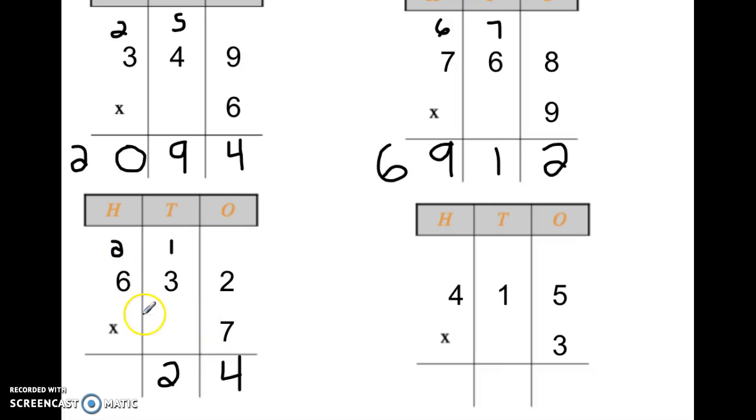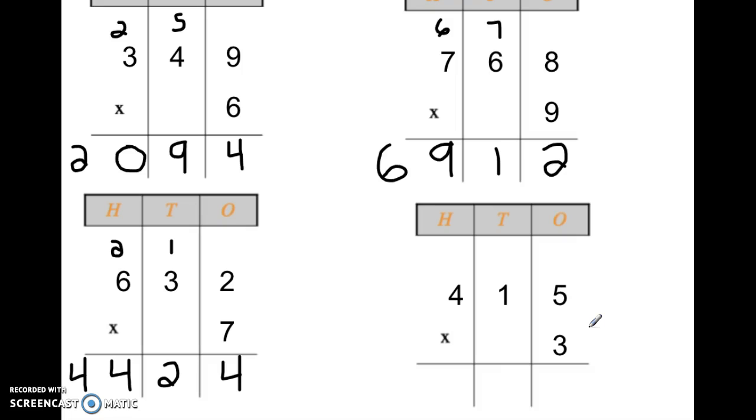All right, 6 times 7 would give us 42. Plus 2 would give us 44. So you should have got 4,424.